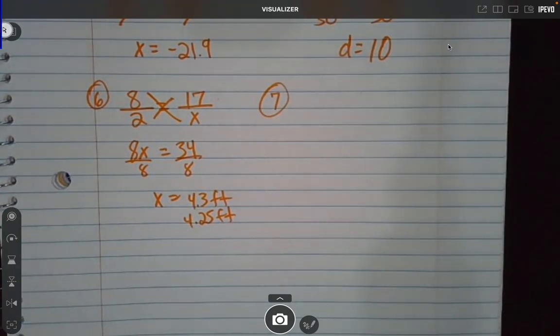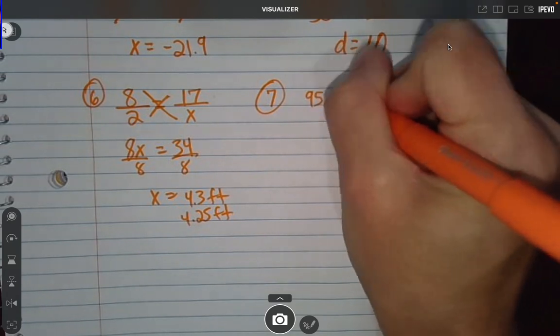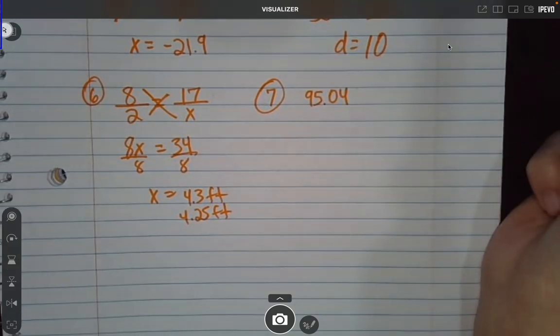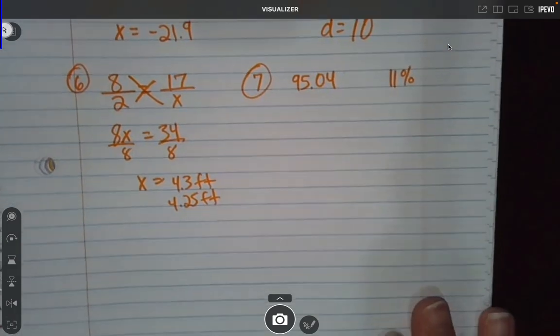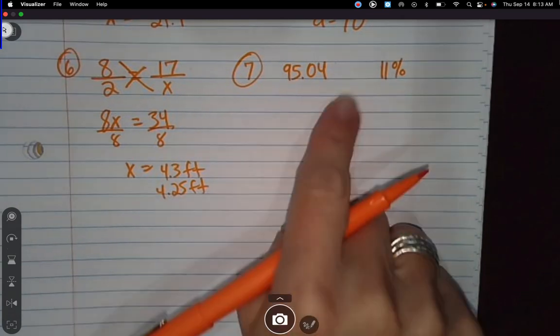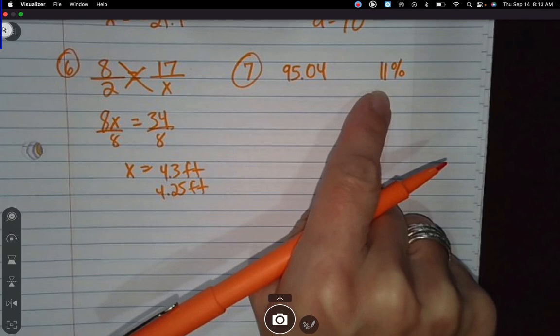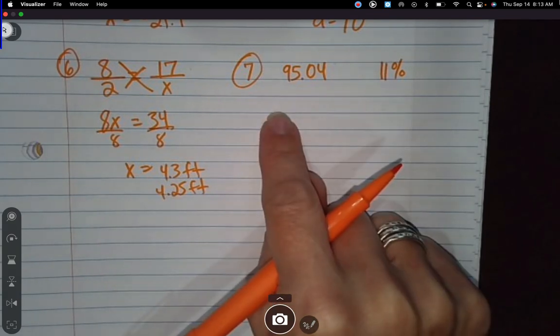Okay, almost done, y'all. Number 7, you have a meal that costs $95.04, and you have a tip that you're leaving 11%. They must have been bad. Okay. Yeah. So first of all, you're taking 11% of that, so you're multiplying, okay?